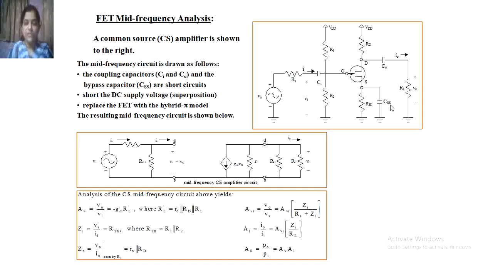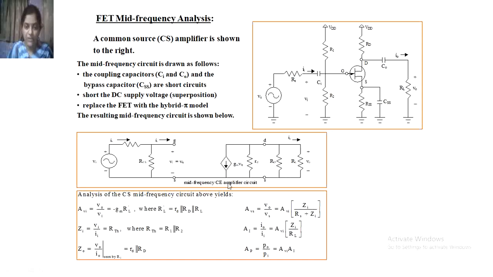The DC supply voltage, by superposition, is VDD. Then we replace the FET with the hybrid model. The resulting mid-frequency circuit is shown below. So this circuitry is replaced by the hybrid model.